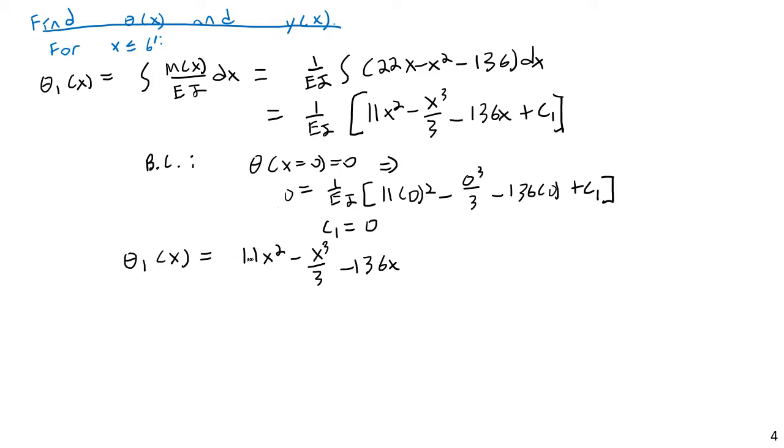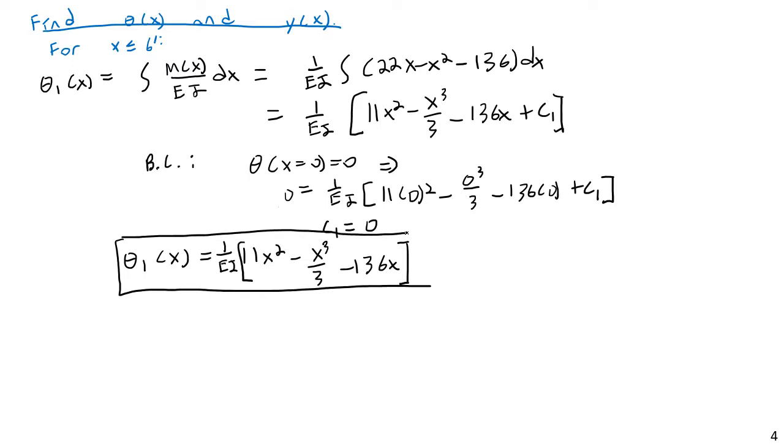And of course times 1 over EI. Can't forget the 1 over EI. And that is the equation for the slope of our beam as a function of x in the first 6 feet. Questions on that? Really just a straightforward integration and applying a boundary condition. Okay. Any questions on that?